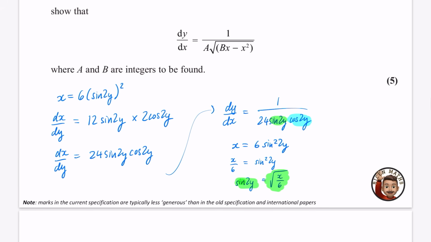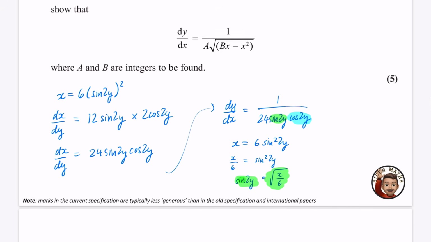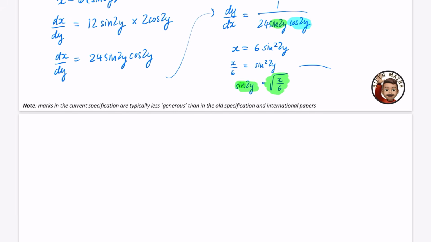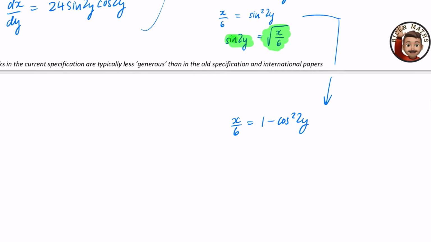So I need to find out what cos 2y is. Well, I know that if I have sin squared, there's an identity that I can use for that particular part. So I'm going to take that line and do a bit of extra work on this, because I now know that x over 6, which is the same as sin squared 2y, well, sin squared is 1 minus cos squared 2y. Remember, the aim here is to find out what cos 2y is in terms of x.